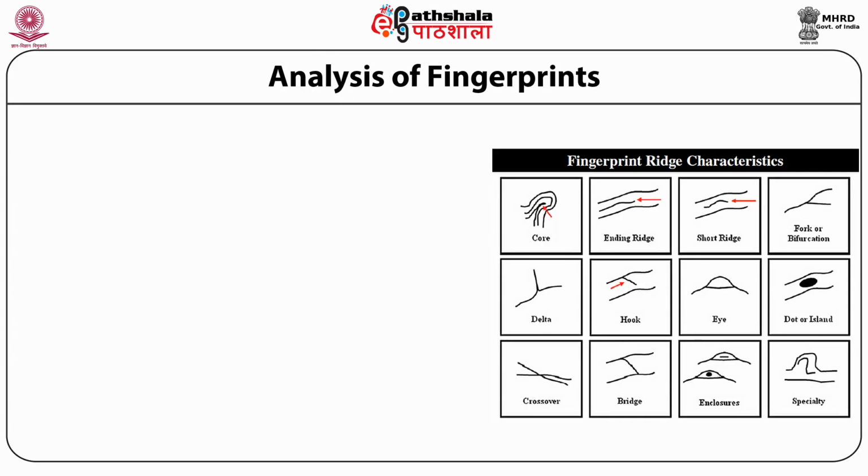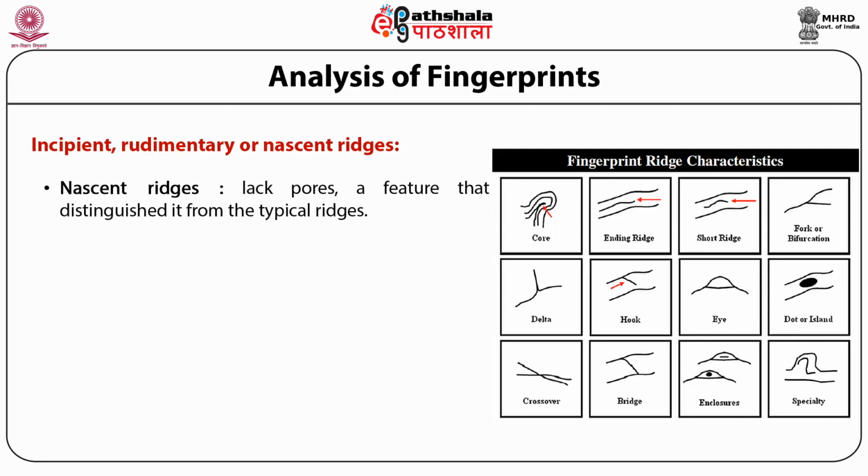These are not usually grouped among minutiae but have a logical place in consideration of ridge characteristics. Incipient ridges are very narrow, frequently interrupted, and lie in the sulci. Nascent ridges lack pores, a feature that distinguishes them from the typical ridges.